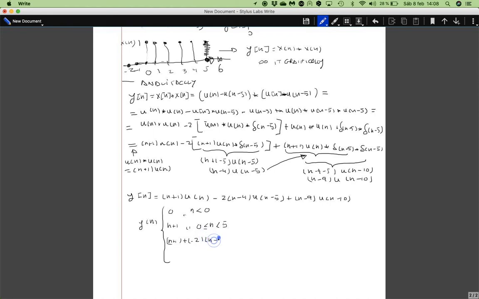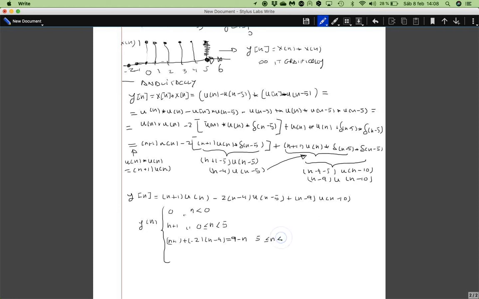and now the second signal, which is minus 2 multiplying (n minus 4), and this gives 9 minus n. And this will be valid starting at 5 up to the point where the next signal starts, which starts at 10.